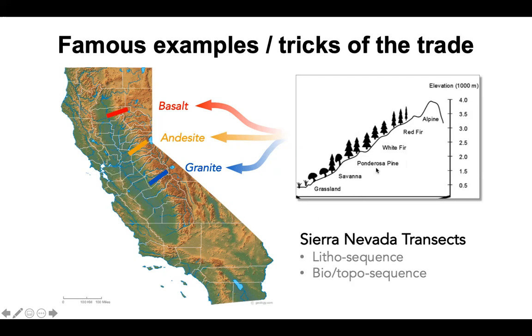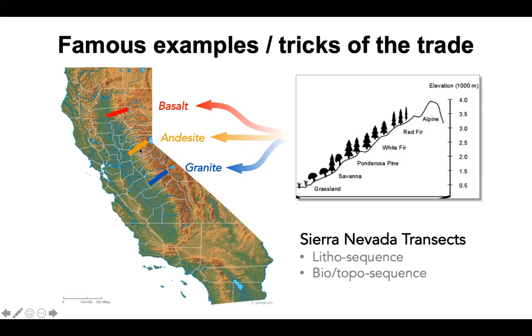So, for example, if we wanted to look at the effect of parent material, or litho sequence, we could take soil samples from all of the ponderosa pine spots. So we could take from the ponderosa pine here in the granite parent material.